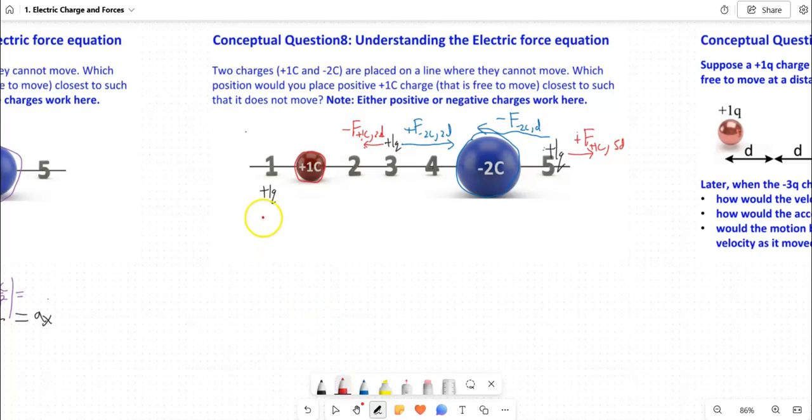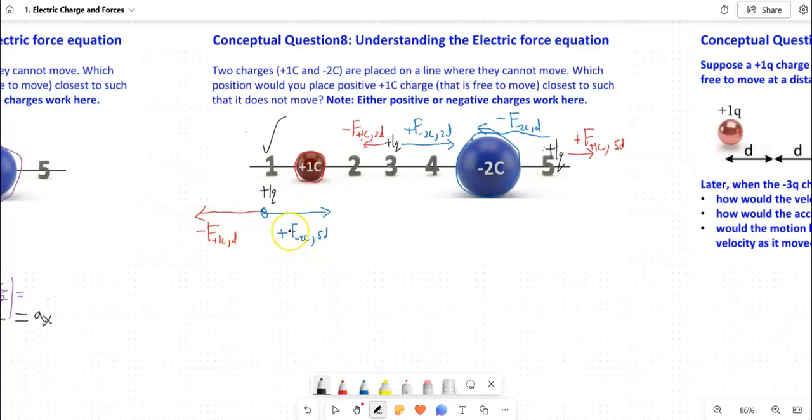Now that positive 1 Coulomb charge is going to be close enough to push it to the left, but far enough away from the -2 Coulomb charge for it to not affect it as much. So somewhere over here, I think it's actually further out here, but it's definitely on this number line closest to the positive 1, to this number 1 position. So the correct answer we're looking for here is this one.